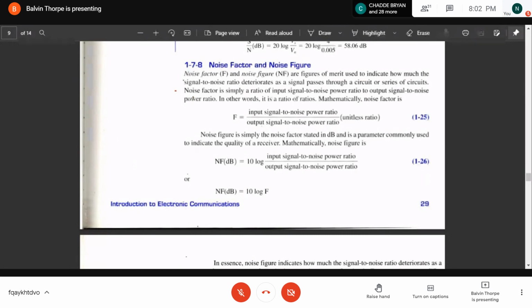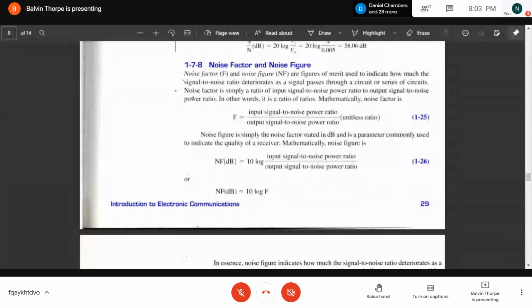So that's noise factor. Noise figure is just converting noise factor to dB.